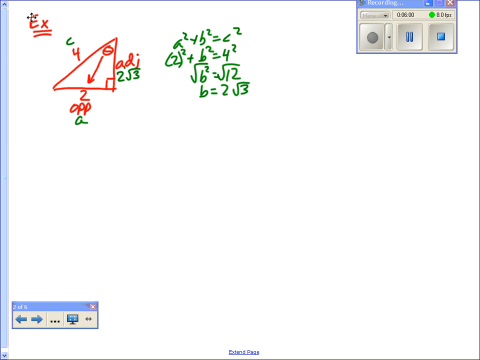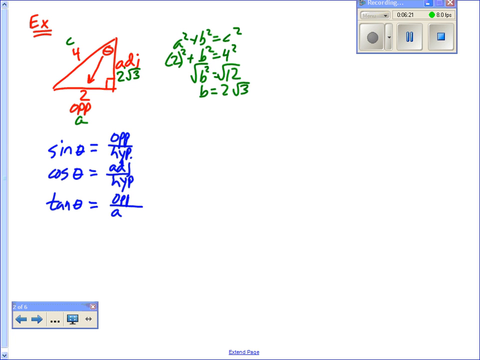Then we say, okay, let's find sine, cosine, tangent, and we say, "oh heck, another hour of algebra." But really you're thinking, I love algebra.